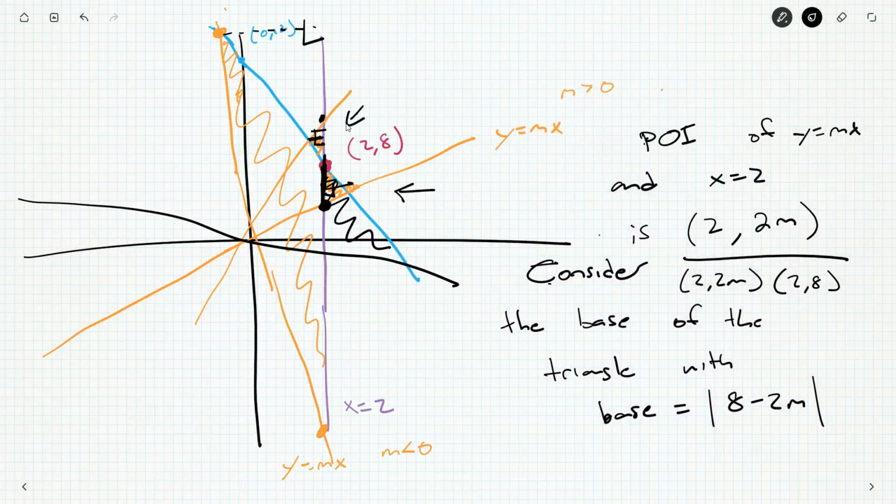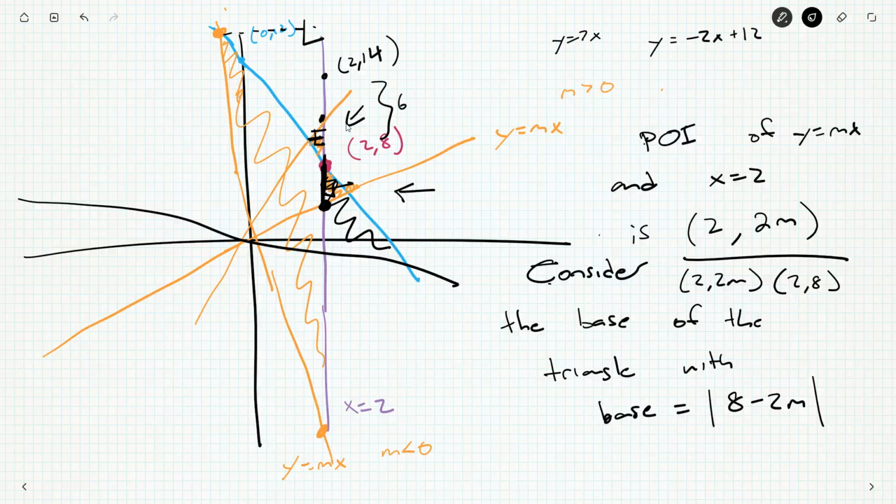So y equals 7x would be 2 and 14, and so that'd be a base of 6. And then y equals 7x intersecting y equals negative 2x plus 12.